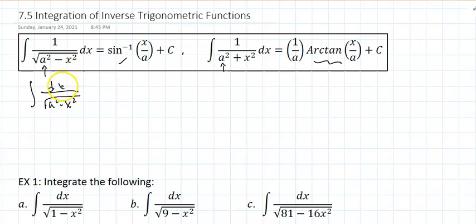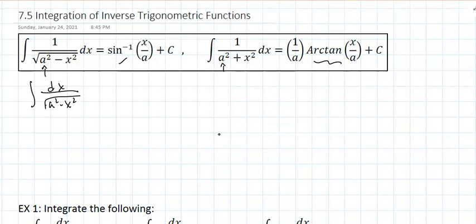If this is what I am integrating, to match it with the derivative of inverse sine of x, which is 1 over the square root of 1 minus x squared, I could go back.